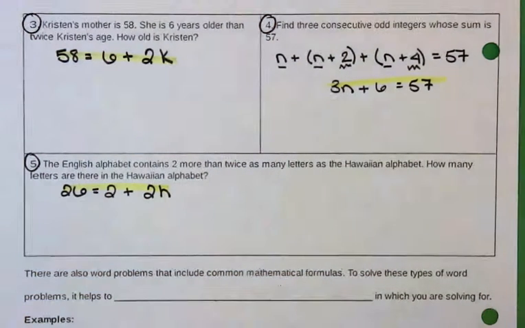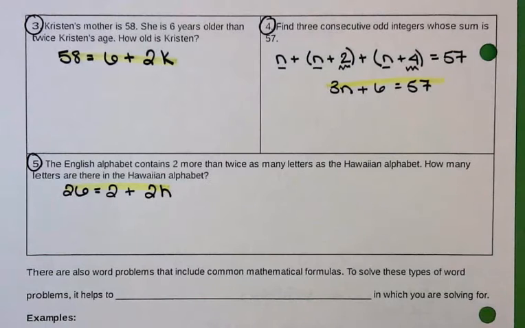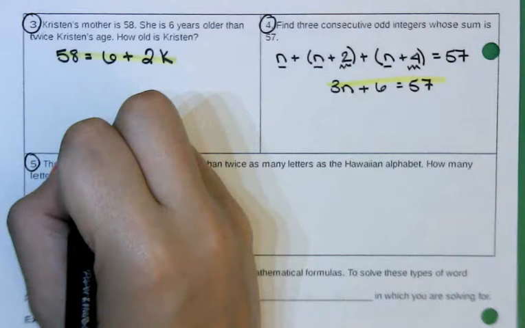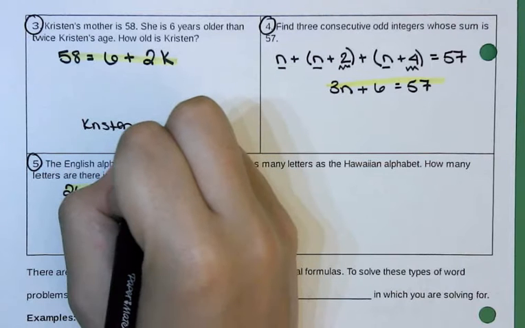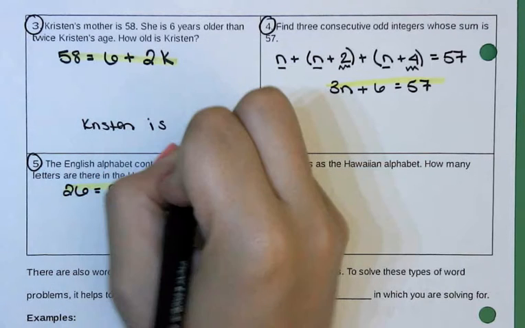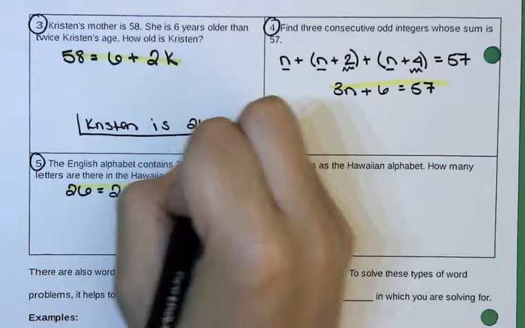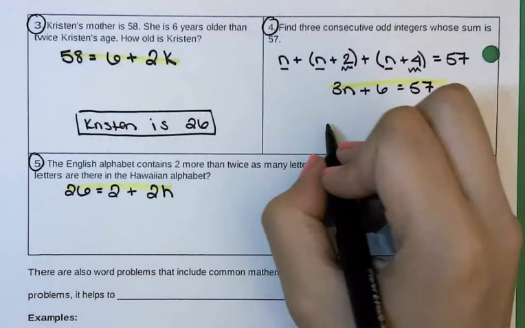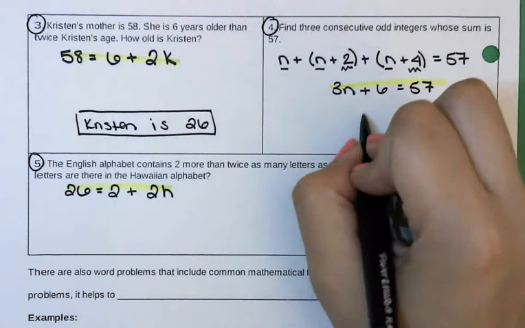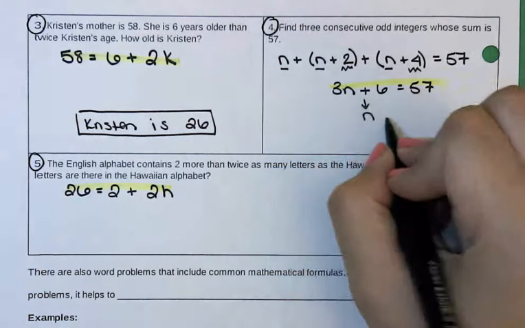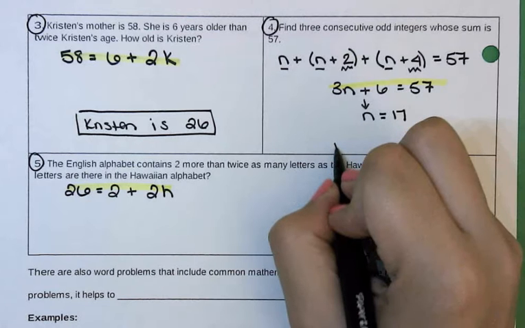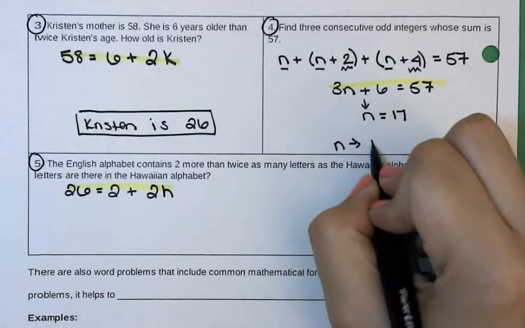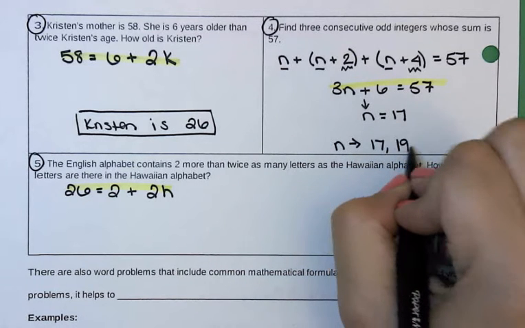Your 3 odd integers, when you solve for n, you should get that n is 17, which means your 3 odd integers would be 17, 19, 21. And the Hawaiian alphabet, you should have that there are 12 letters in the Hawaiian alphabet.